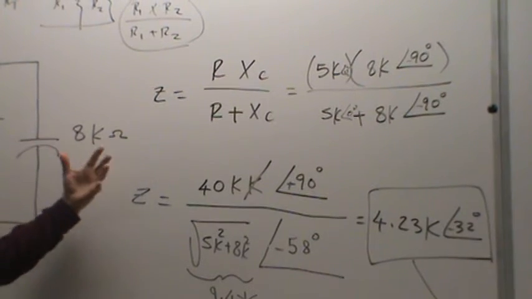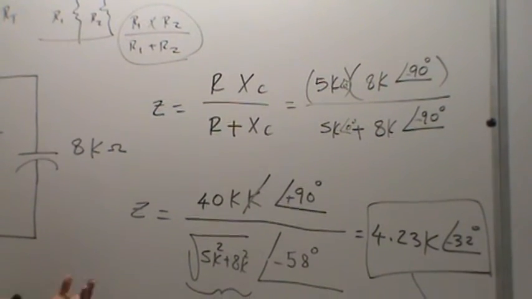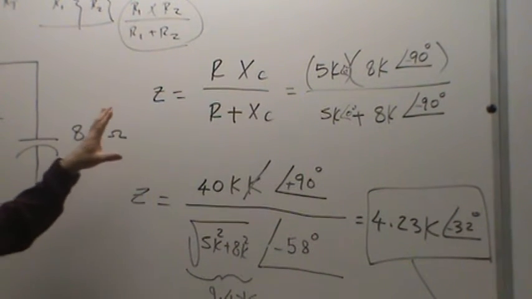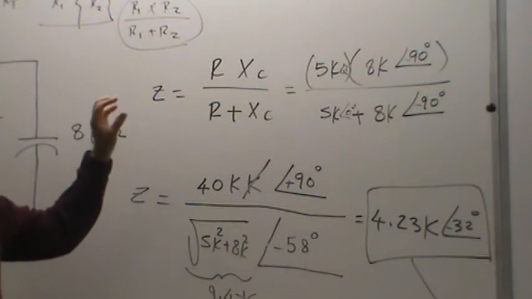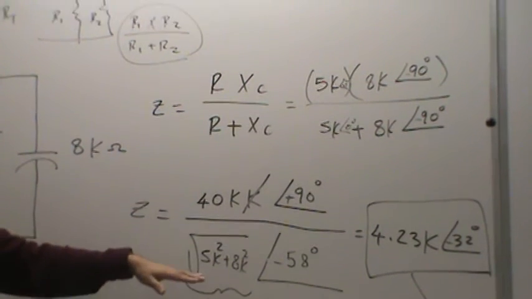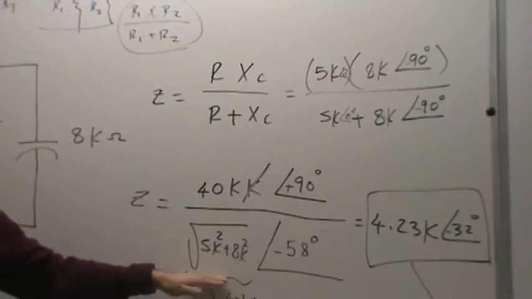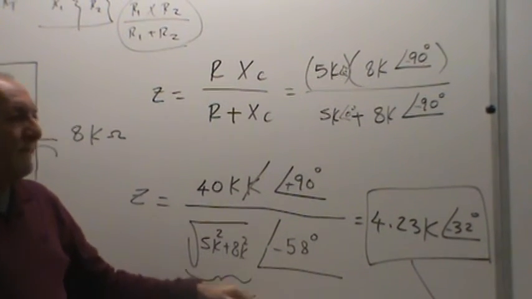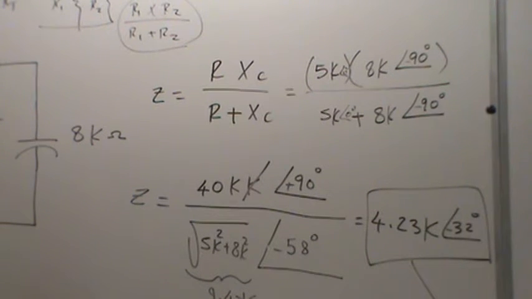That's what I'm doing here, except when I was doing DC, we didn't have to worry about the angle. Now we do have to worry about the angle. These are vectors. So when we multiply, we have to multiply them like a vector. We add them like a vector, which is the magnitude and the phase angle. Good question.